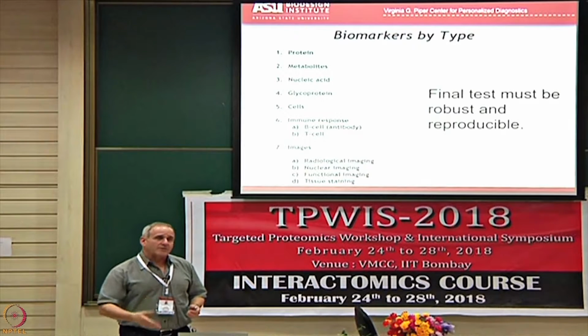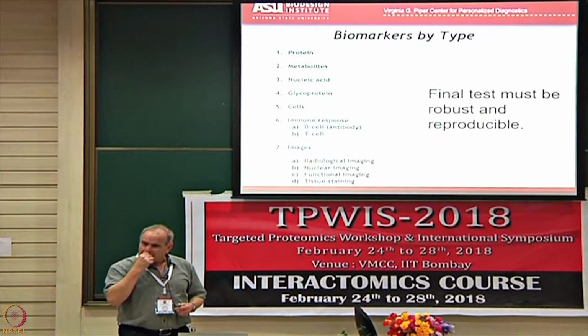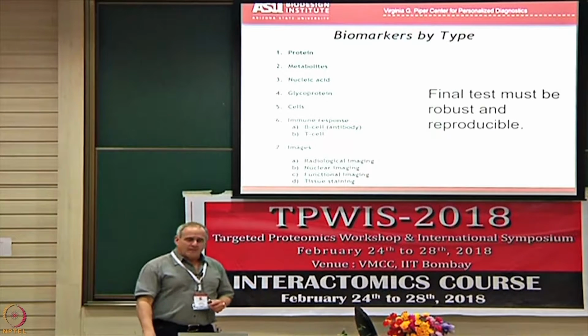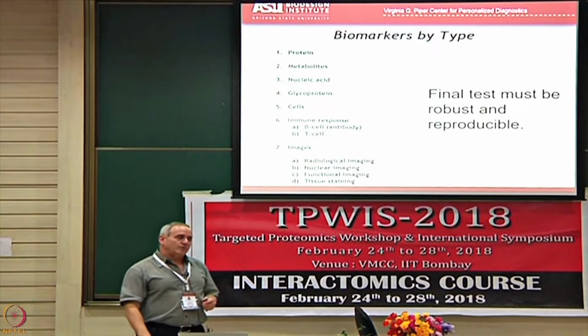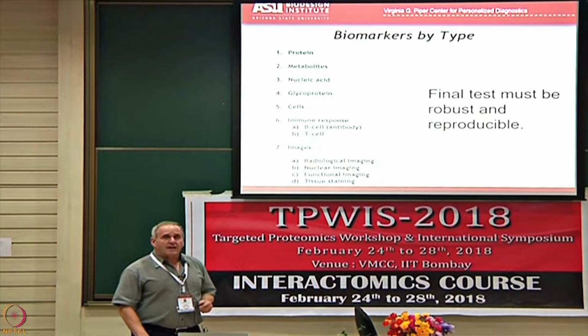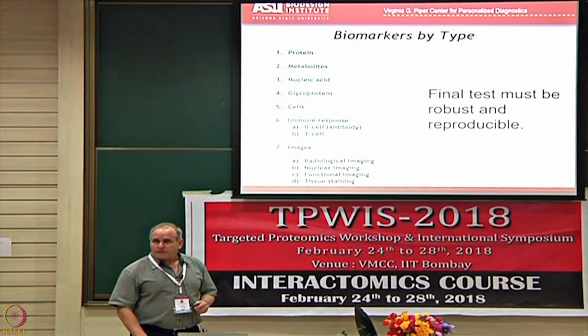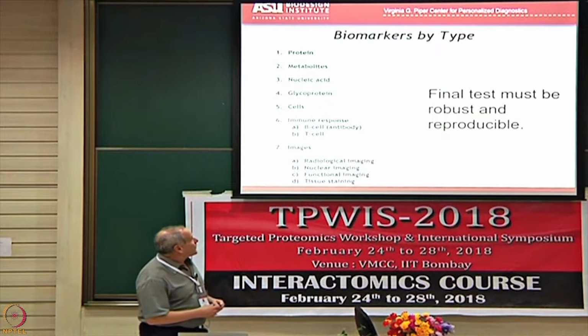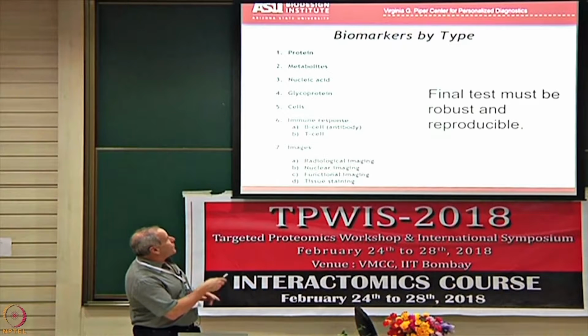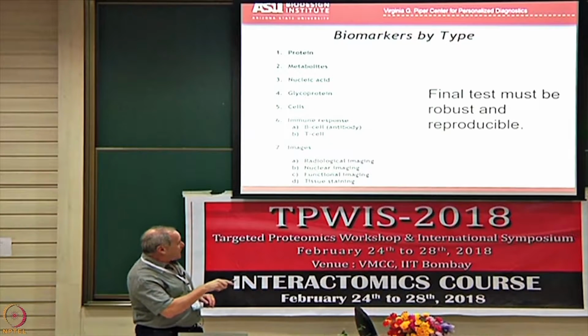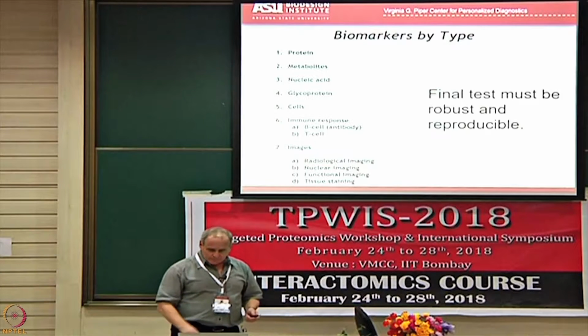In the case of breast cancer, mammography is an early detection biomarker, right? Nowadays, in the US, there is a recommendation to do spiral CT scans on very heavy smokers as an early detection biomarker for lung cancer. But no matter what test you do, this has to be true: it has to be robust and reproducible.